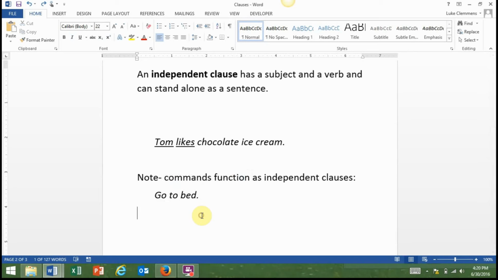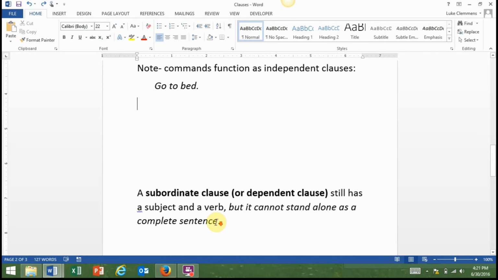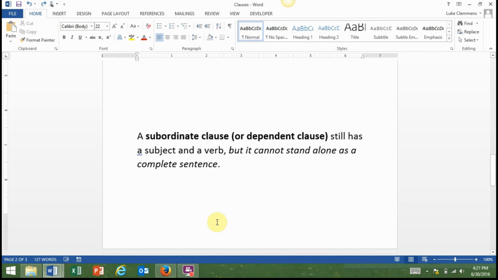So when I say go to bed, I'm really saying you go to bed. Or if I say sit down or pass me the chips or whatever, any command, the implied subject is always you. So you go to bed: subject, predicate, makes sense on its own. It's an independent clause.